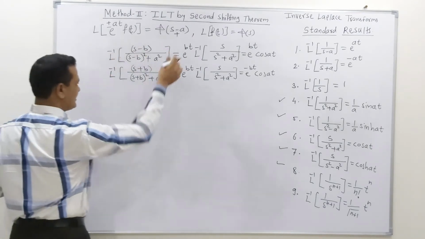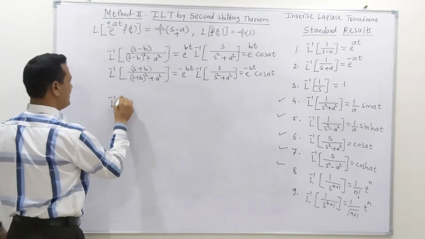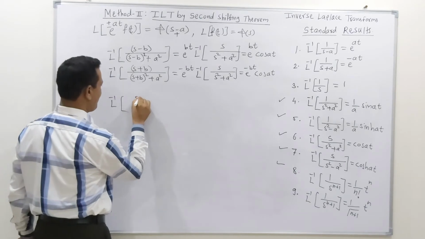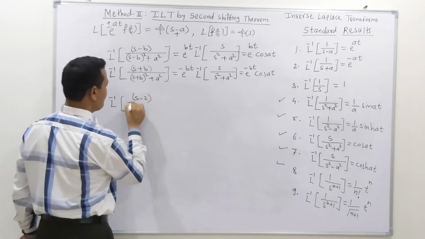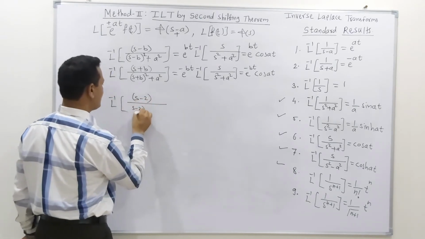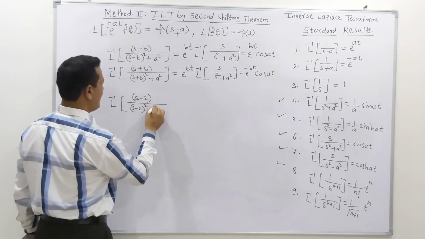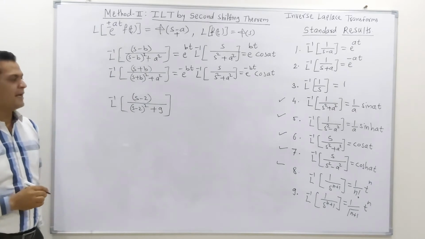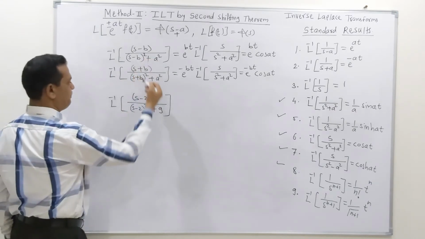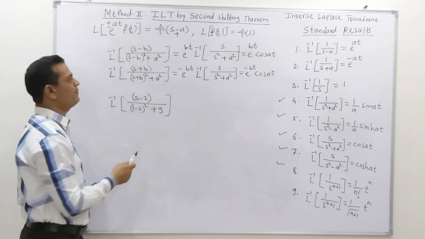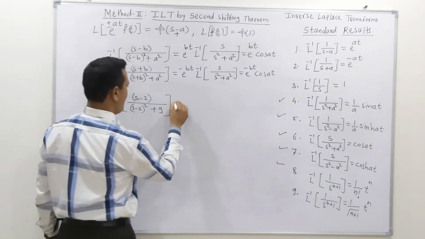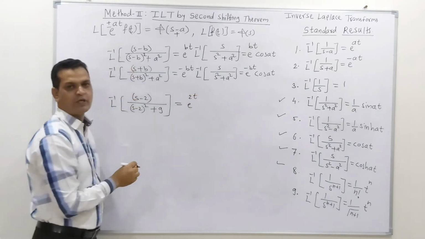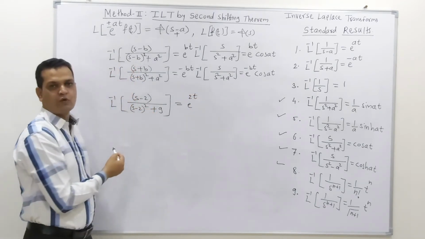So now to understand this concept, take the first example. Suppose we wish to find the inverse Laplace transformation of s minus 2 upon (s minus 2) square plus 9. Then according to the second shifting theorem for inverse Laplace transformation, we can write this as e raised to plus 2t, because constant 2 is subtracted from the parameter s.